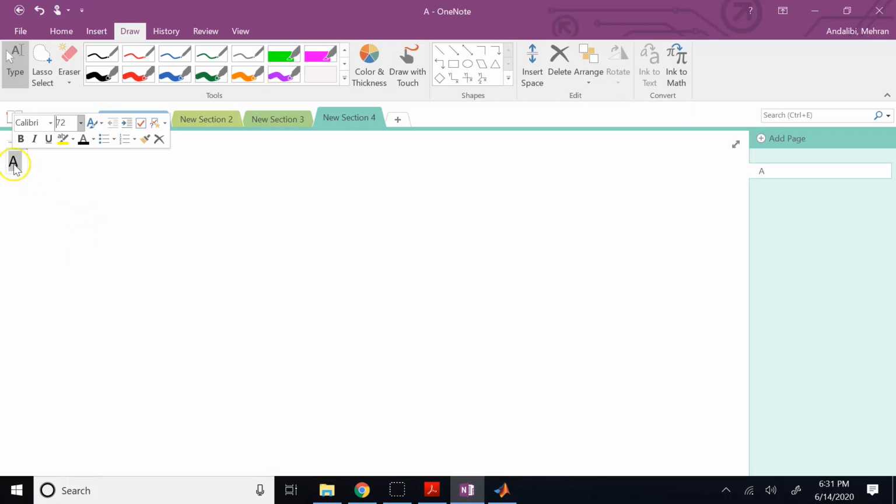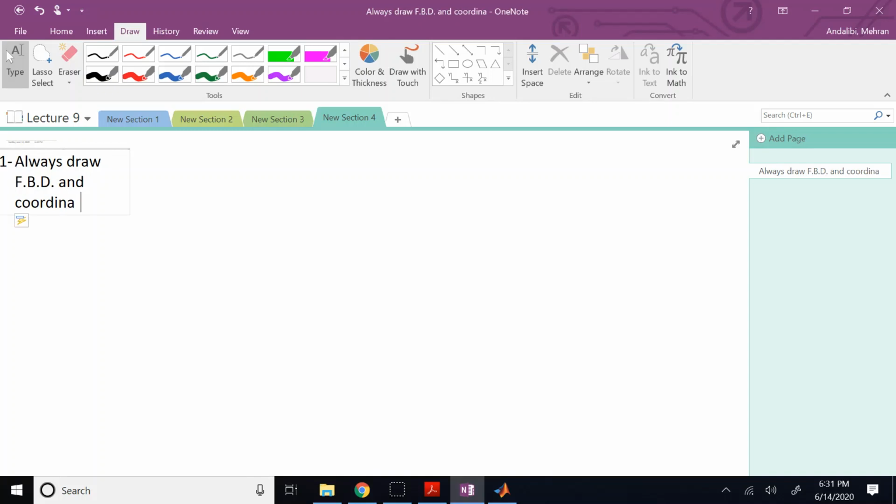So note number 1 is always draw FBD and coordinate system when you use the work energy principle.